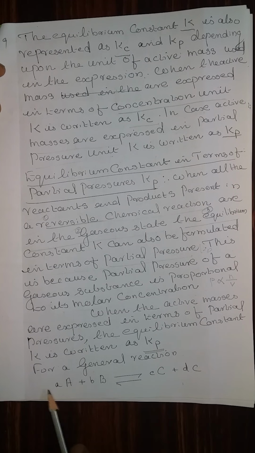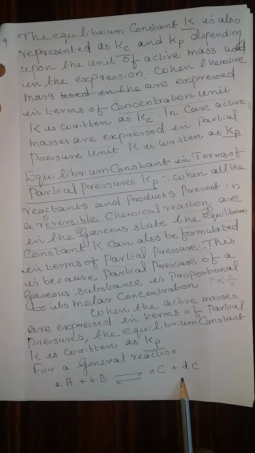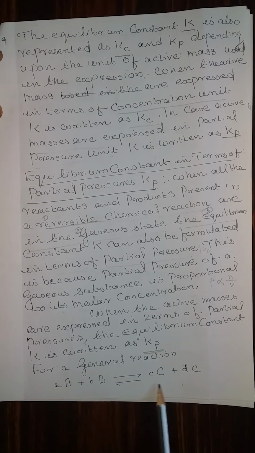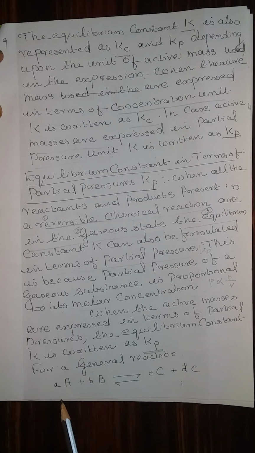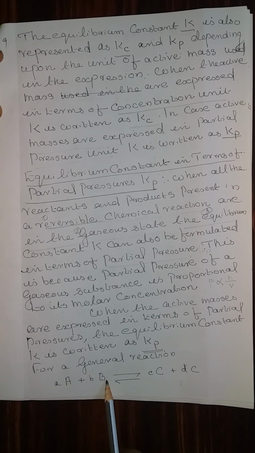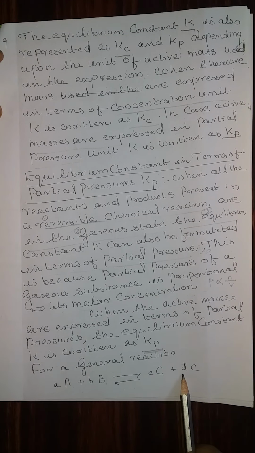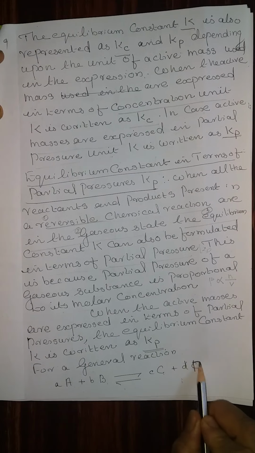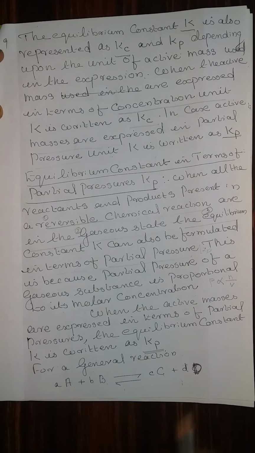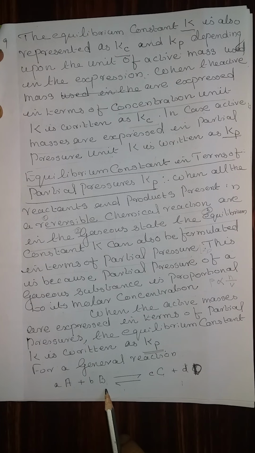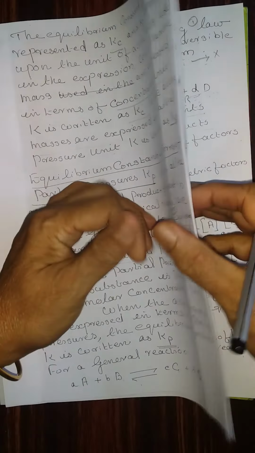Now consider a general reaction, the same reaction, but they are in the gaseous state and at equilibrium. aA plus bB, reversible arrow, that is a reversible reaction, cC plus dD. Therefore, in this reaction all reactants and the products are in the gaseous state.